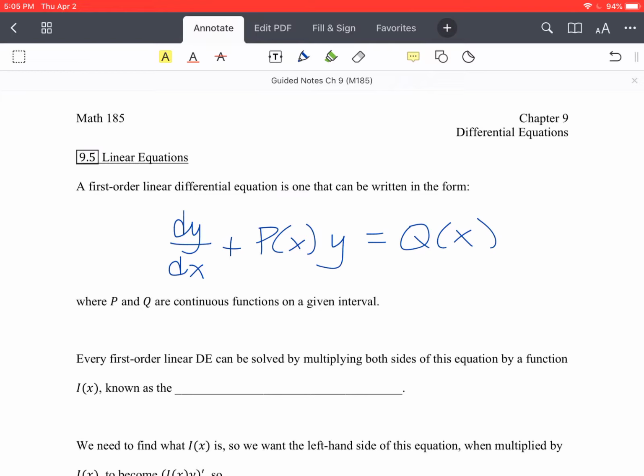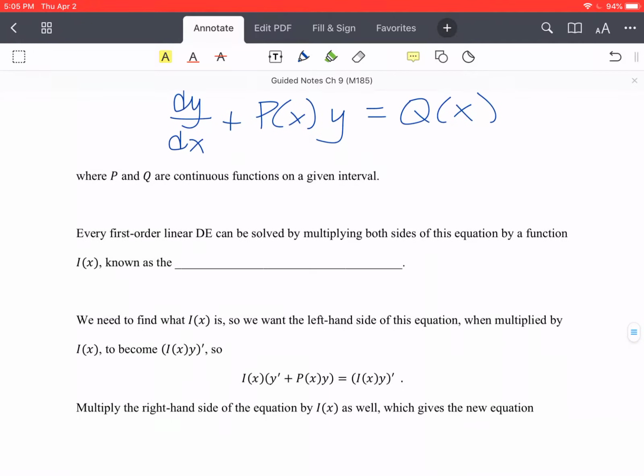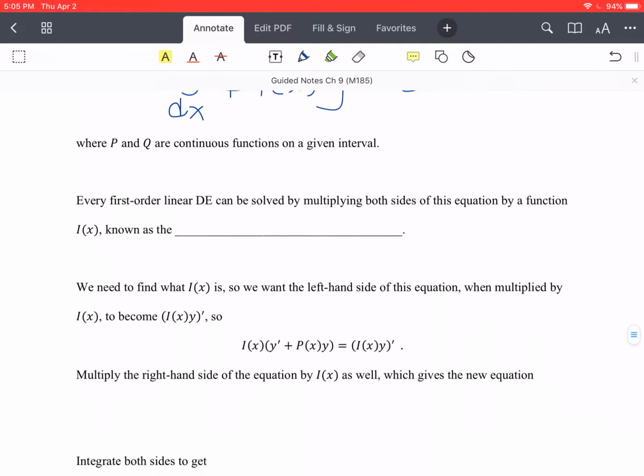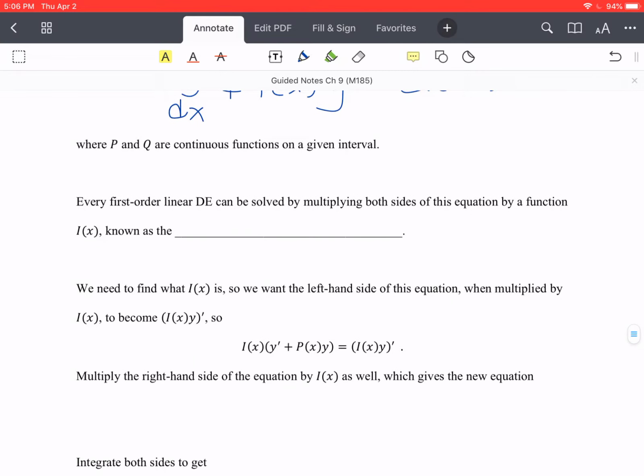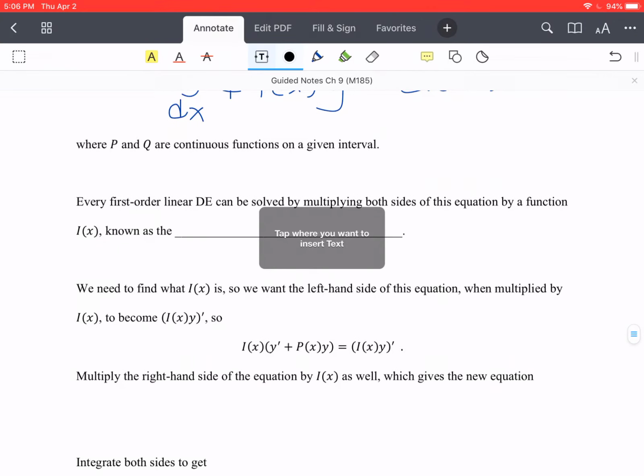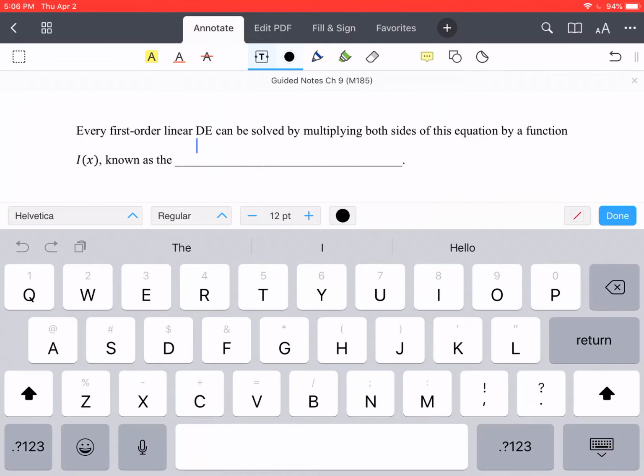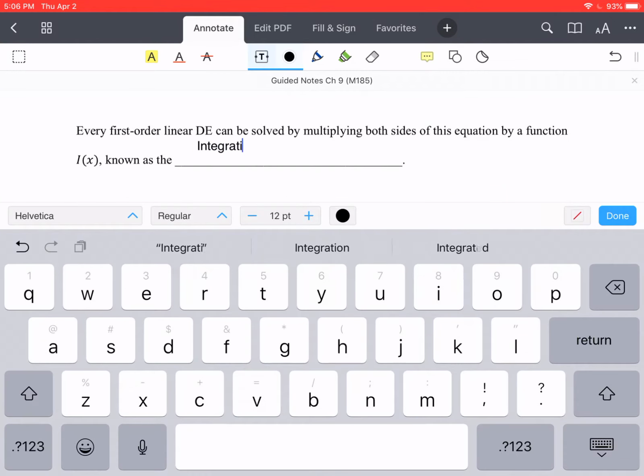So this is just the form of a first order linear differential equation, and what we're going to be doing here to start off is deriving a formula, a process, to be able to solve these, and then we'll do several examples actually practicing with it. Okay? So every first order linear differential equation can be solved by multiplying both sides of this equation by a function I of x, and this is known as the integrating factor.